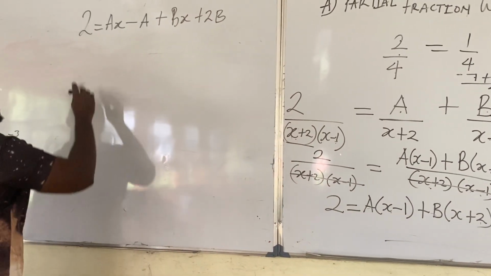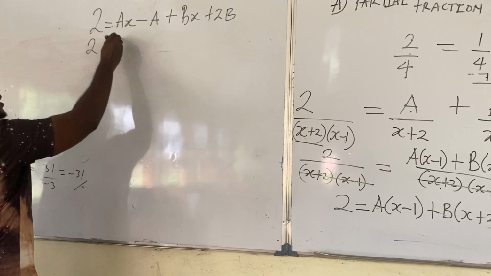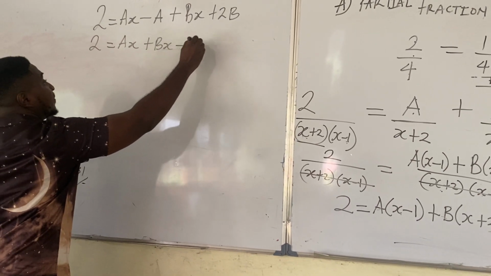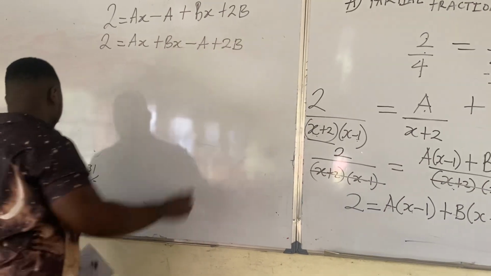We're going to say 2 will now be equal to ax plus bx minus a plus 2b.